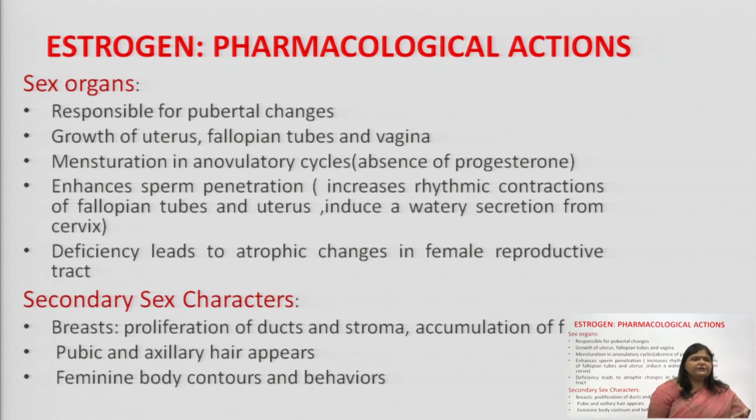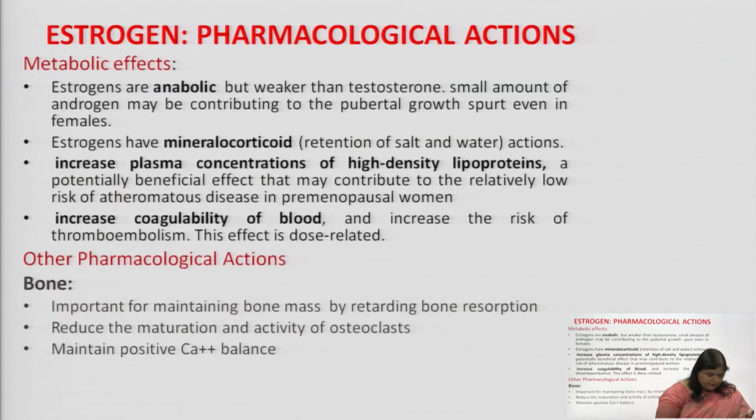It is also responsible for the production of certain secondary sex characteristics: it proliferates the ducts of the mammary gland, causes accumulation of fat, axillary hair appears, and other behaviors are also affected by estrogens during puberty.